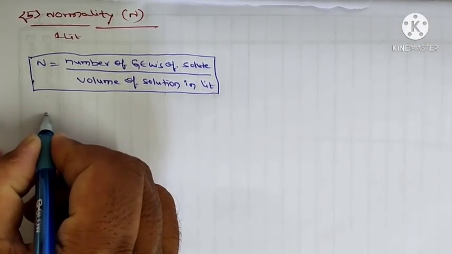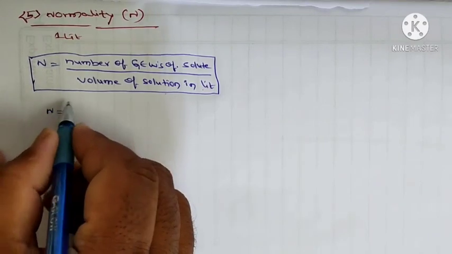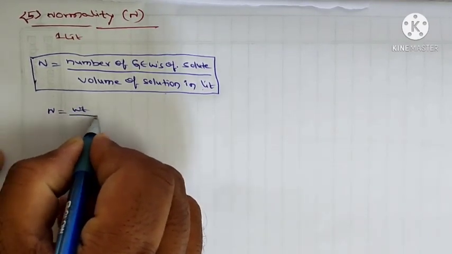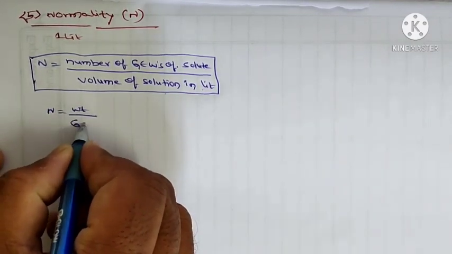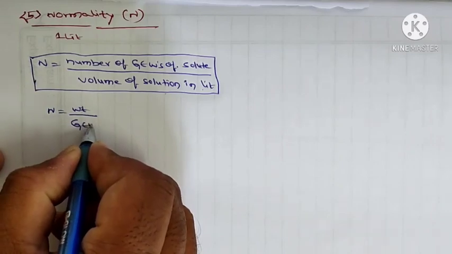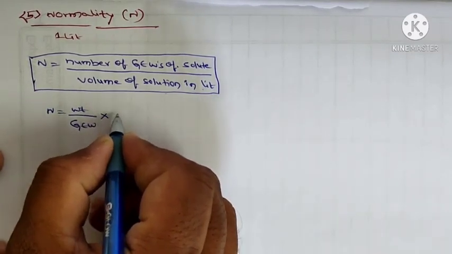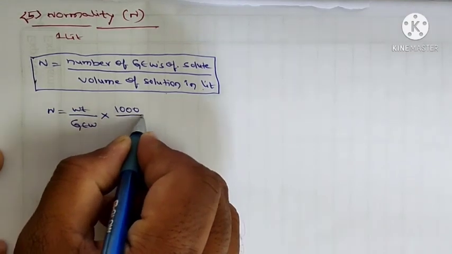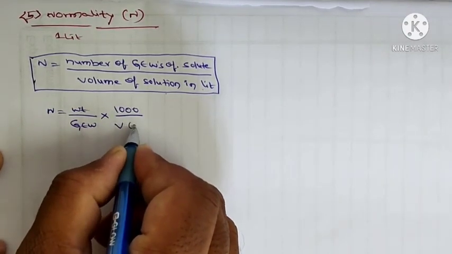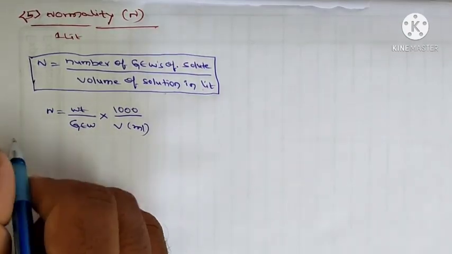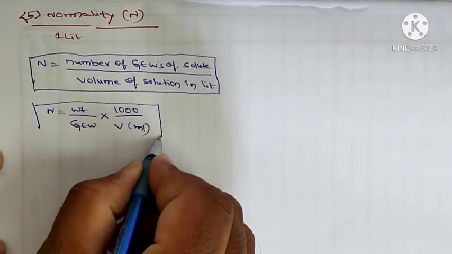So the formula: capital N is equal to weight by gram equivalent weight into 1000 by V in ml. So this is the formula.